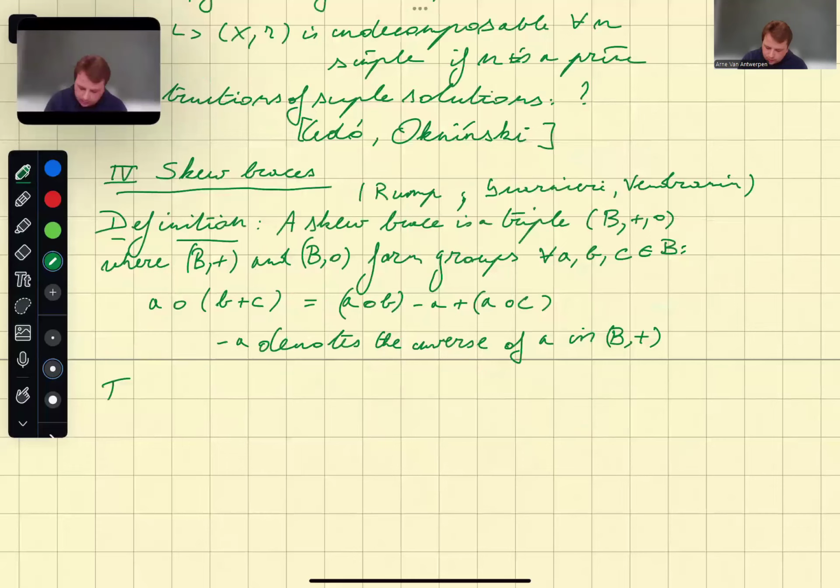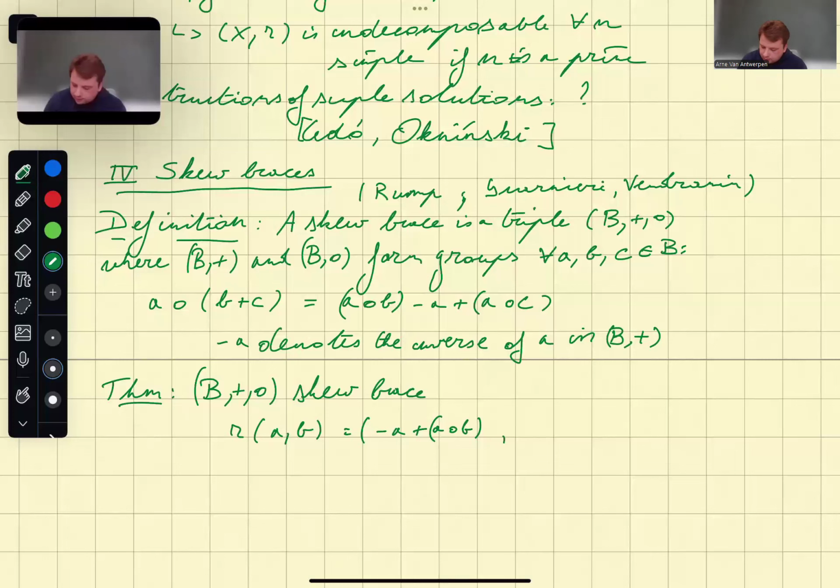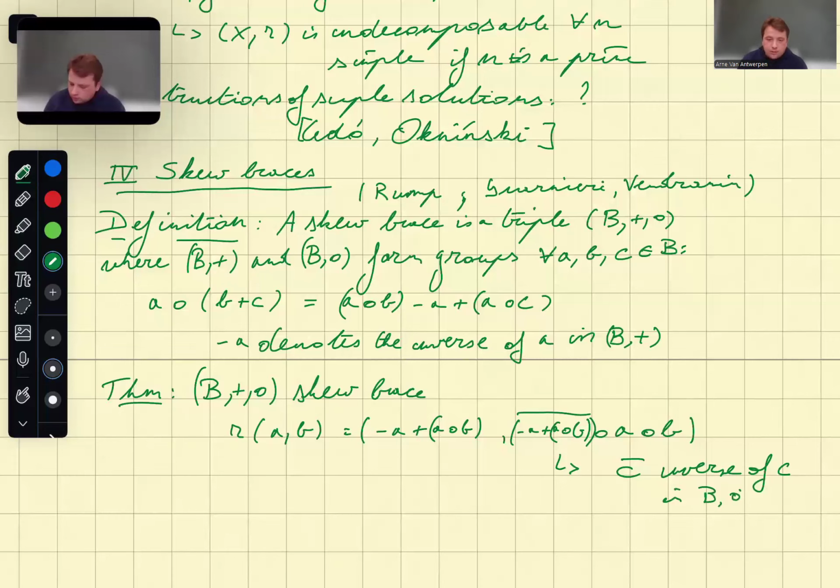So if (B, +, ∘) is a skew brace, then the map r(a, b) is defined as follows: (−a + a ∘ b, \overline{(−a + a ∘ b)} ∘ a ∘ b), where an element barred means the inverse in (B, ∘). This will turn out to be a set-theoretic solution of the Yang-Baxter equation, both left and right non-degenerate.